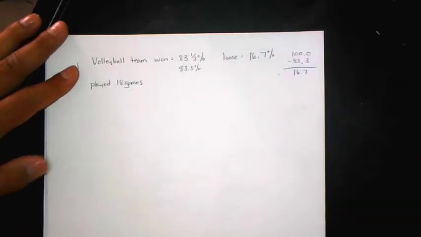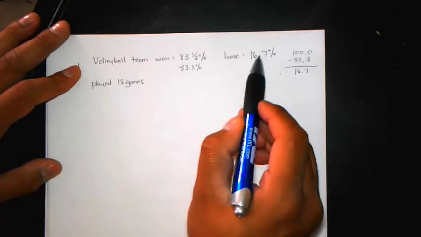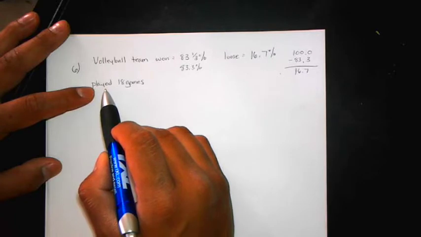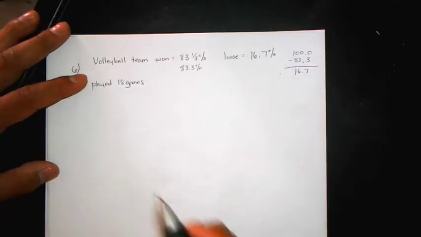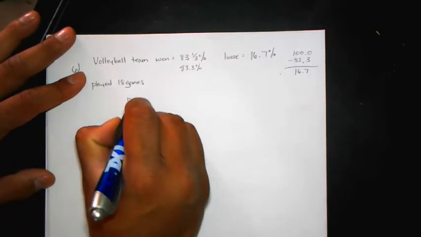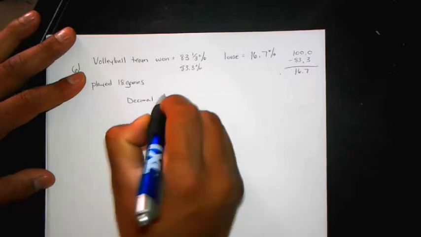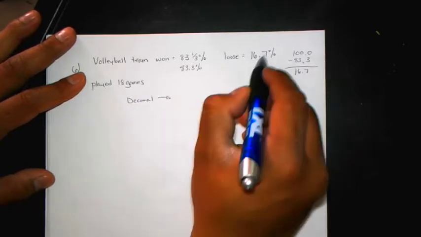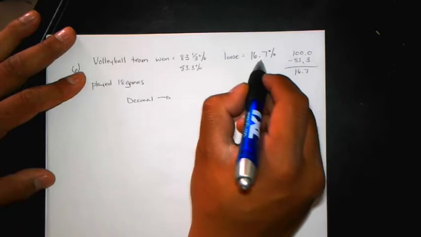So now I gotta find out what 16.7% is of 18 games. So there's several ways I could do this, and I'm gonna show you both ways. The first way is through decimal. This is for percent. What is 16.7% as a decimal?